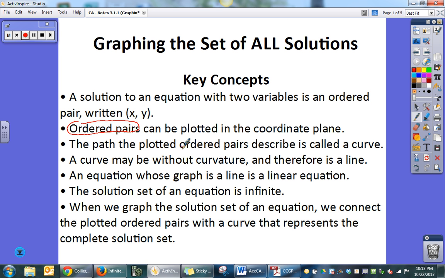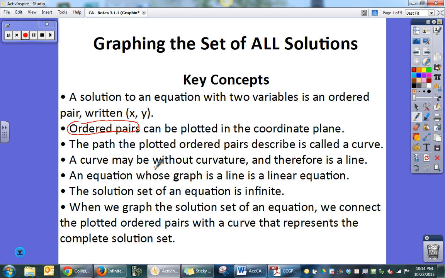When we plot our ordered pairs, if we're just graphing a line or any other curve, it's going to create a line if it's a linear equation, but if it's not a linear equation, it will create a non-line, which would have some sort of curvature to it.